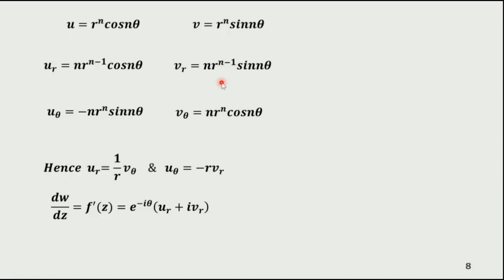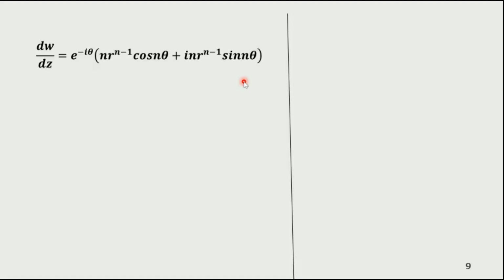So what will happen when I substitute for UR? Remember UR is N R raised to N minus 1 cos N theta and VR is N R raised to N minus 1 sin N theta. So we have this dw by dz, where this is UR and this is VR.